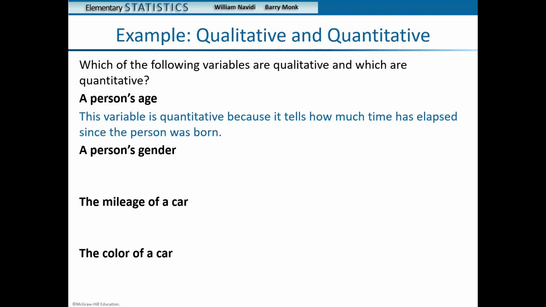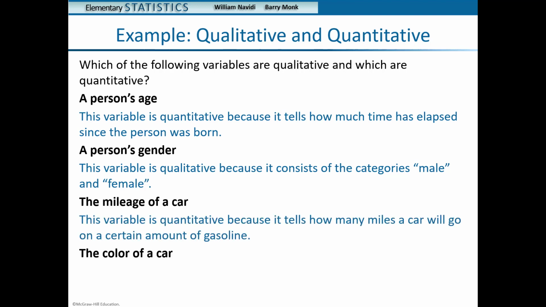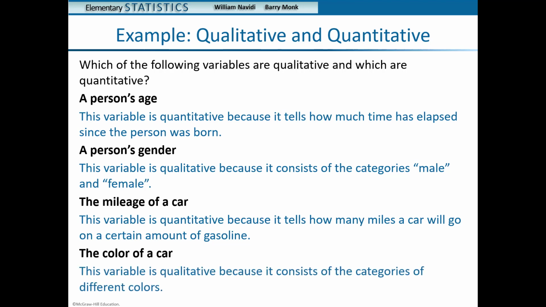A person's gender, this is qualitative because it consists of the categories male and female. The mileage of a car, this is quantitative because it tells how many miles a car will go on a certain amount of gasoline, right? So it's a quantity, it's expressed as a number. The color of a car, this is qualitative because it consists of the categories of different colors.